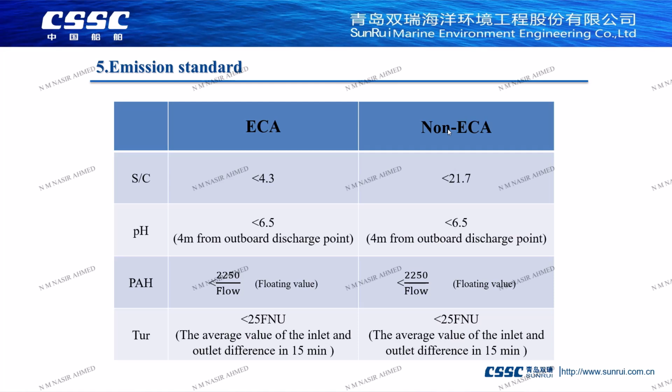But we can't detect it at 4 meters from the discharge point. Therefore, flow field simulation is used for calculation to get the pH limit requirement for each project's discharge point location, and through Classification Society certification, this is used as the pH emission requirement for each project.